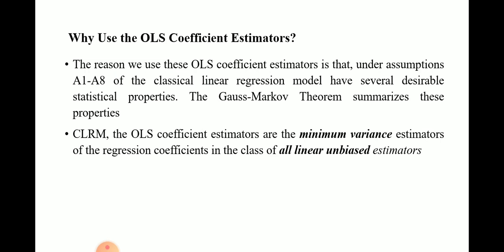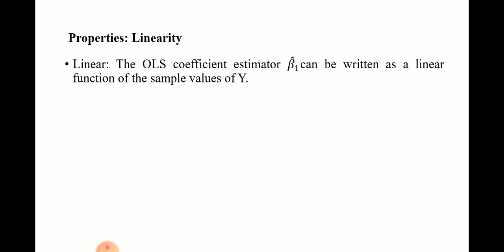If a question is asked, what is the Gauss-Markov theorem or what is BLUE, you have to write that under the assumptions of OLS, or if all the assumptions of OLS are satisfied, then the estimators obtained will be best, linear and unbiased. What is linearity?